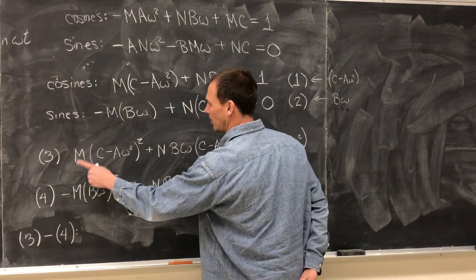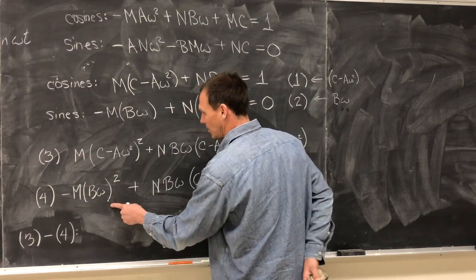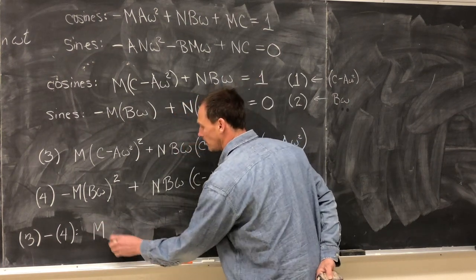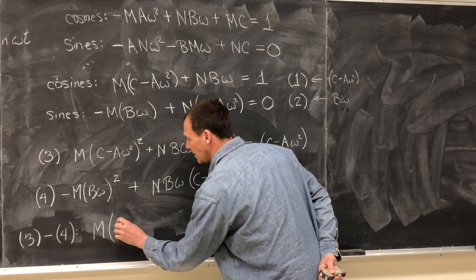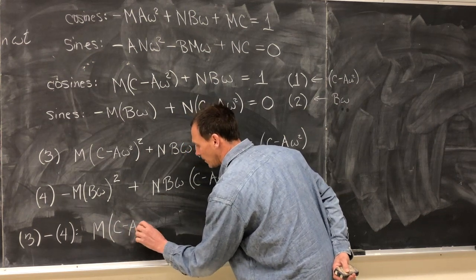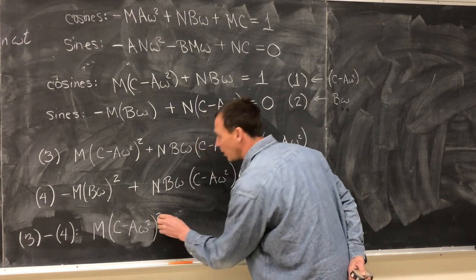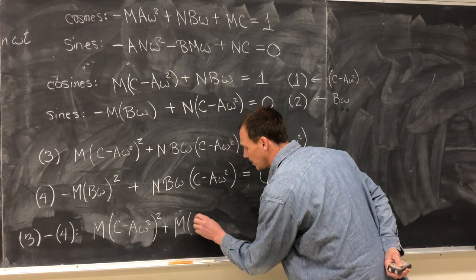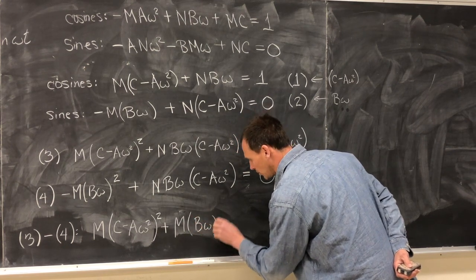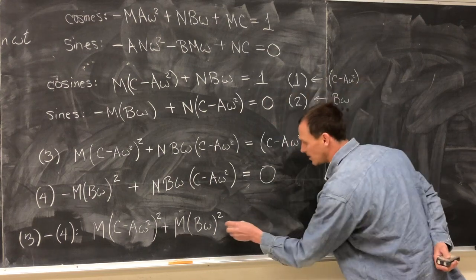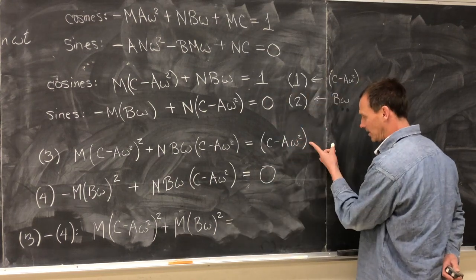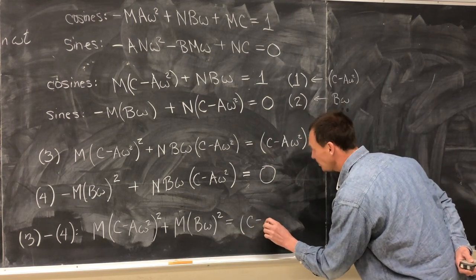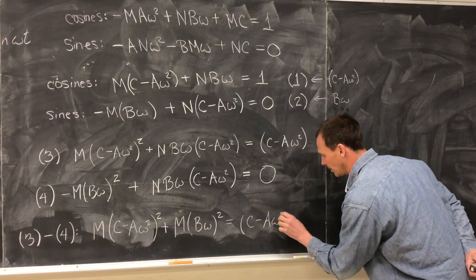This term minus this term is going to give me an m of c minus a omega squared plus m times b omega squared equals, then this one, the c minus a omega squared minus 0 is going to be c minus a omega squared.